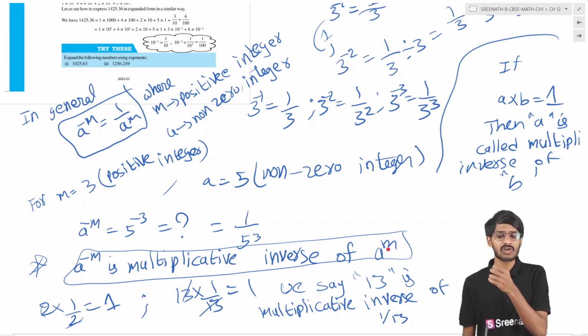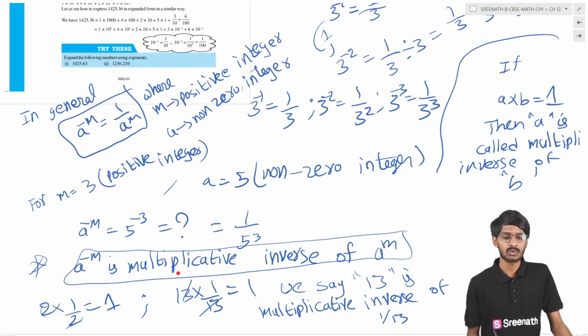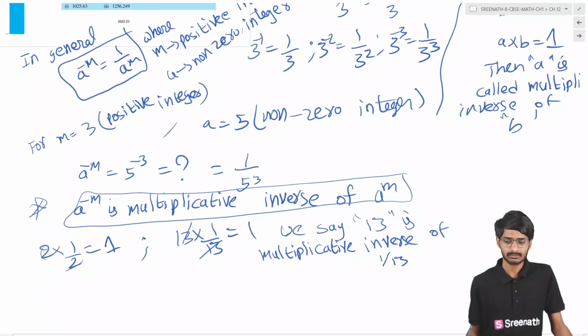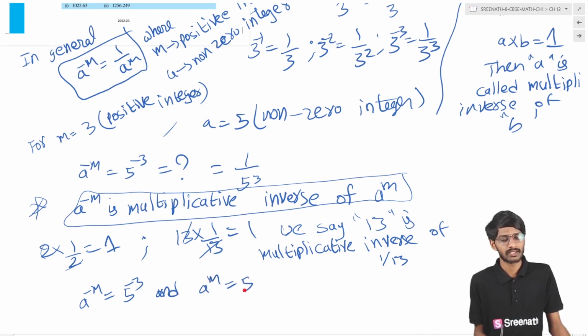Why? Because whenever you multiply a power m into a power minus m, your answer will be 1. If you want an example, I will show you. Suppose m is 3. Here a power minus m is equal to 5 power minus 3, and a power m is equal to 5 cube.